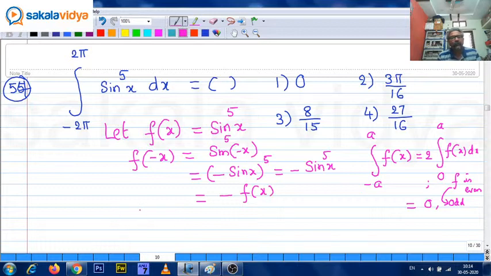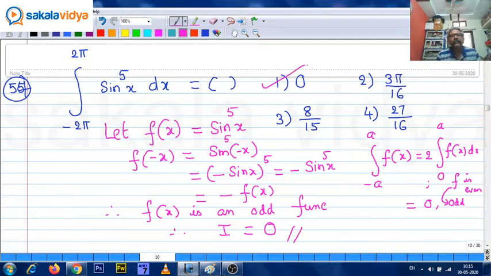Therefore, f of x is an odd function, so the integral becomes 0. That means the first option is the right option.